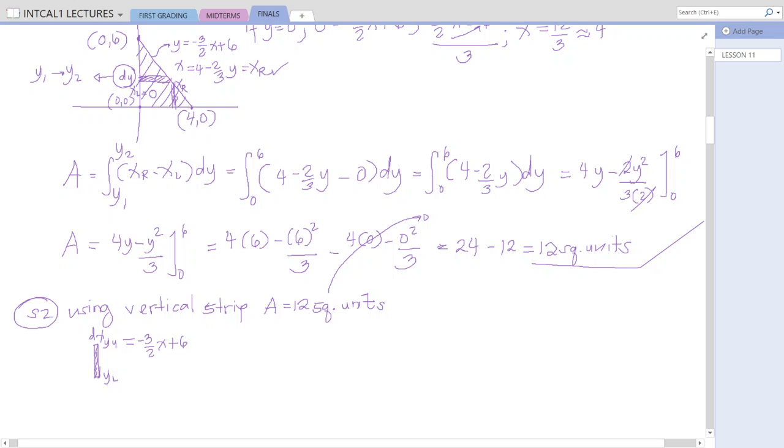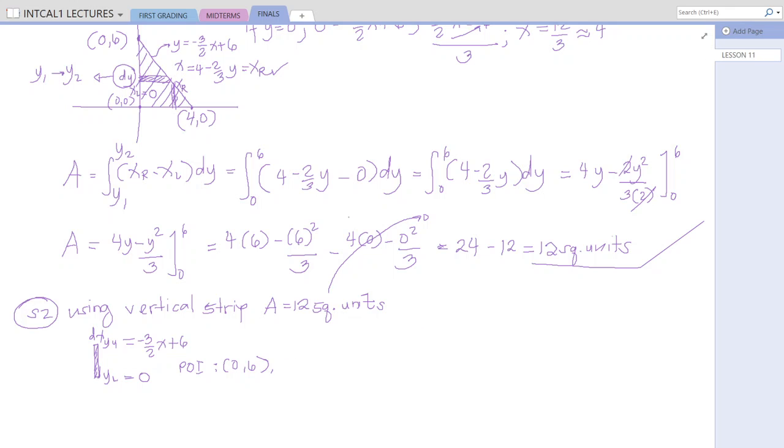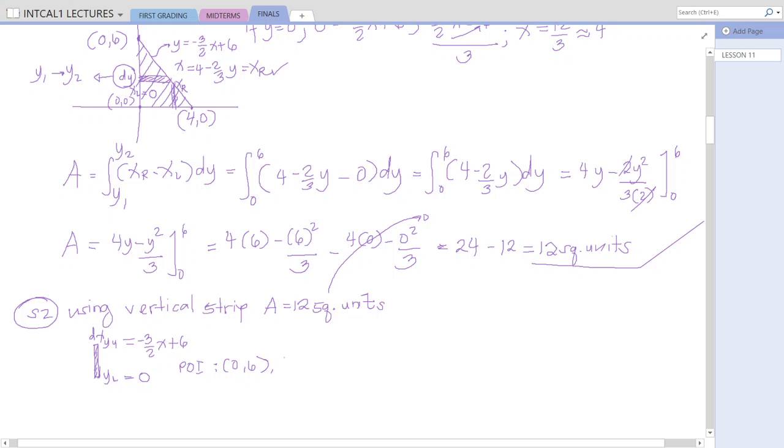And then for the y lower, it strikes the x-axis, so that is equal now to 0. And of course, the points of intersection are 0, 6, and the point of intersection includes also 4 and 0.